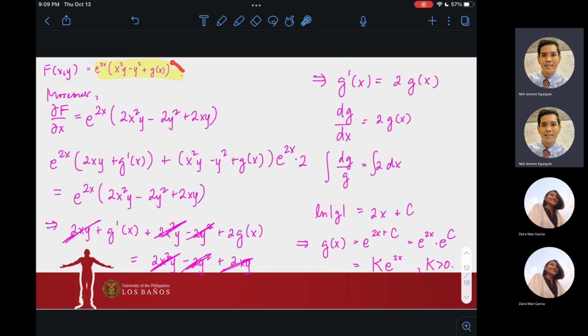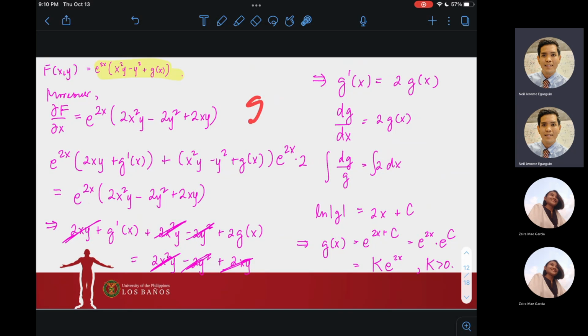So nung pinartial ko to with respect to x, ano yung partial nito with respect to x? Well, yung partial niya with respect to x ay ito. Dapat siya e to the 2x. E to the 2x times, saan na kami nagkaiba?